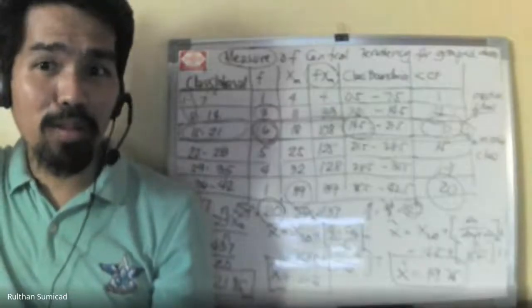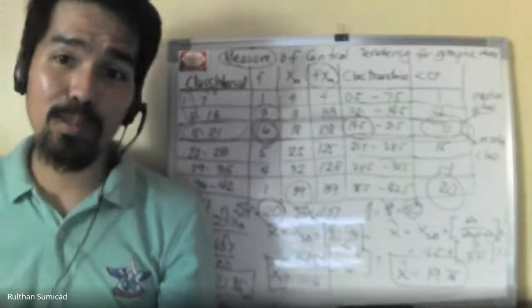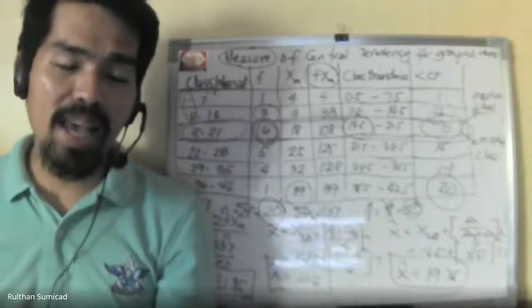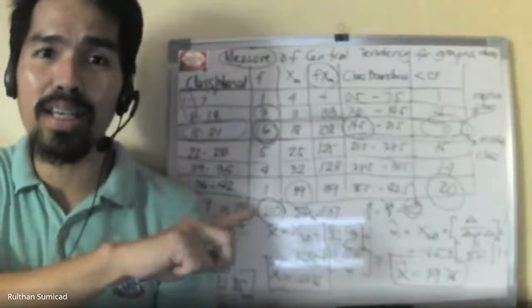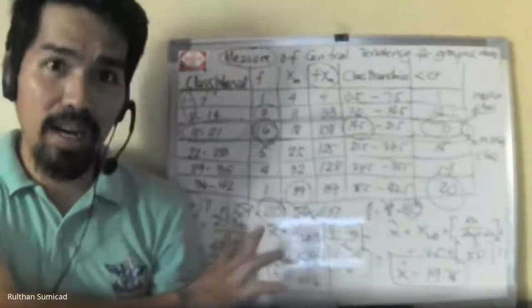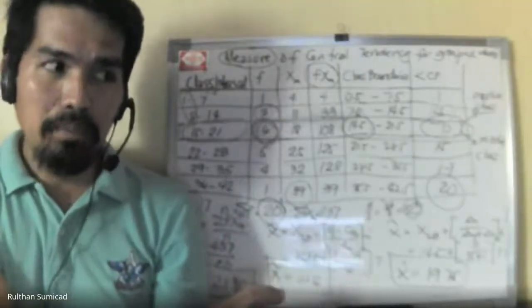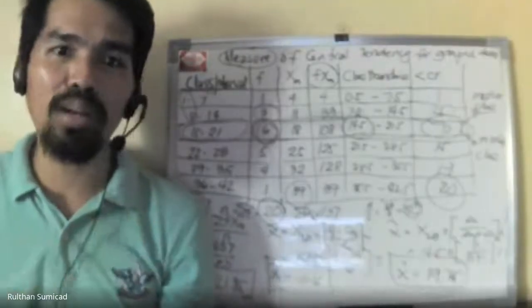Okay. I did not require you to review. It's your discretion whether to review the video. What I'm saying is that you have to watch the video that we haven't discussed here, which is the frequency distribution table for group data. But the video for mean, median, and mode, I'll just leave it to you.